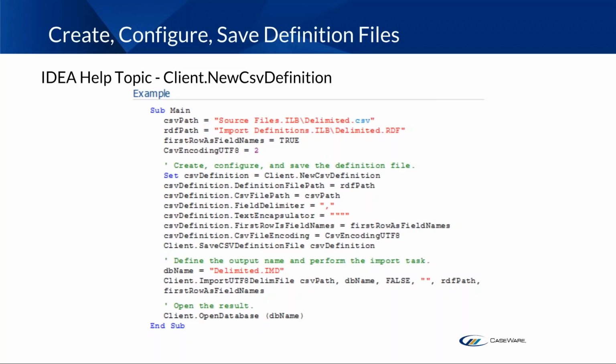So we'll make that available for download as well, should you wish to get it. But this sample file should really tell the Python gurus out there how to easily convert that into Python to do the same behavior. This is an IDEA Health topic, and it's called Client New CSV Definition. So you can find that right within IDEA Health and get an example of how to do this crazy cool stuff yourself as well.